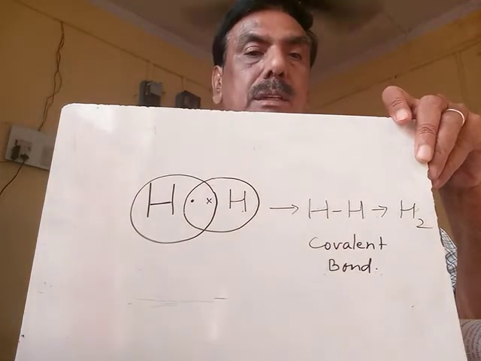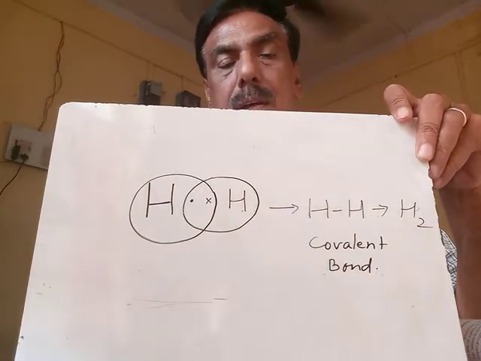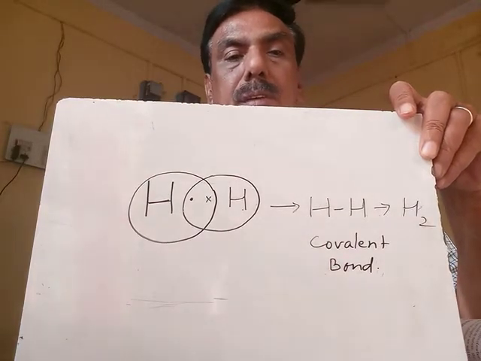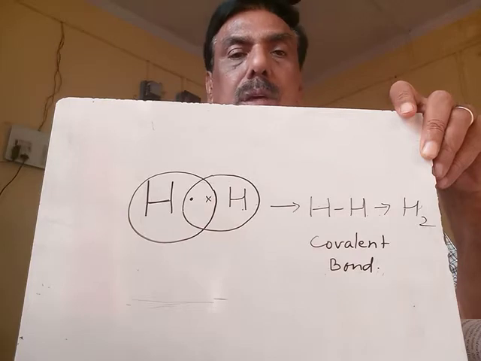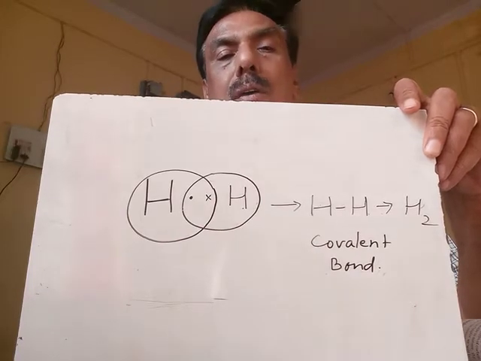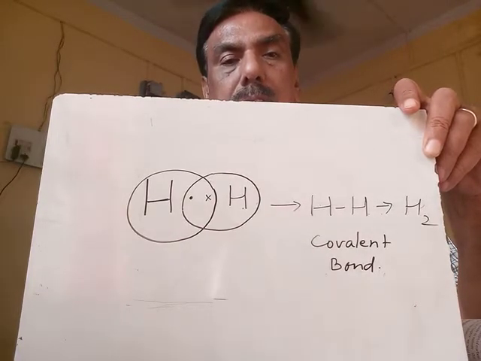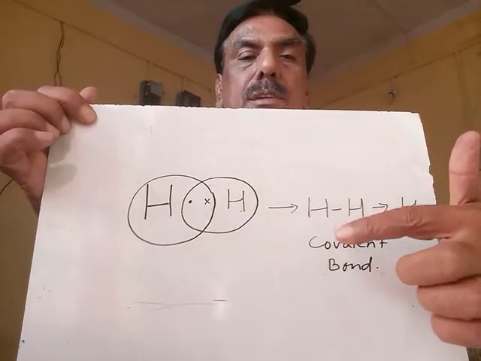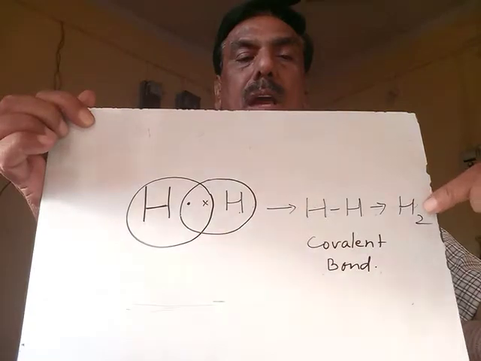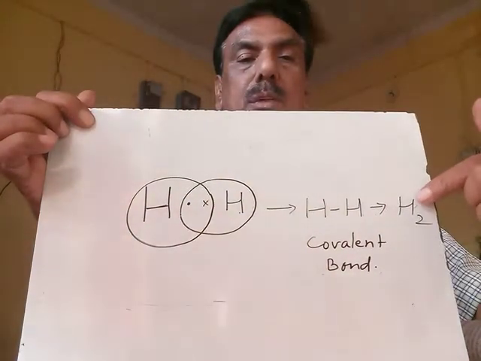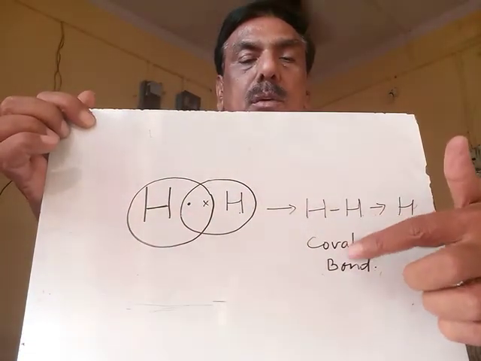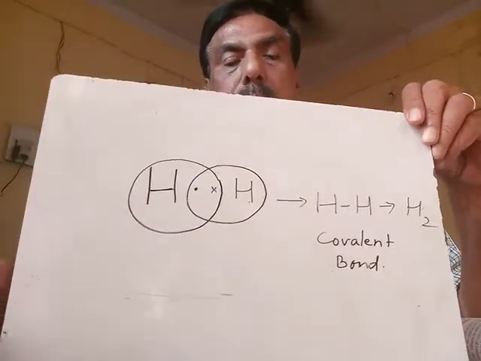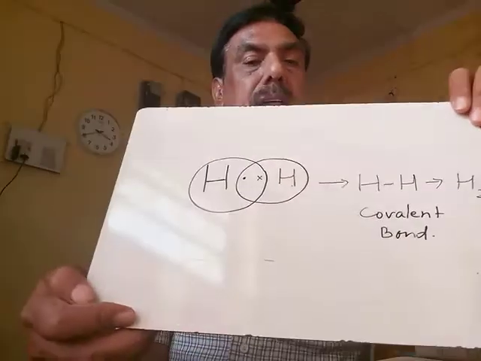So these 2 electrons are shared, and now they both have the structure of a helium atom, meaning they have 2 electrons in the outermost shell. Therefore, this is the hydrogen-hydrogen bond, and ultimately we get H2. This is the formation of the covalent bond. So in this way, hydrogen is formed by sharing of electrons.